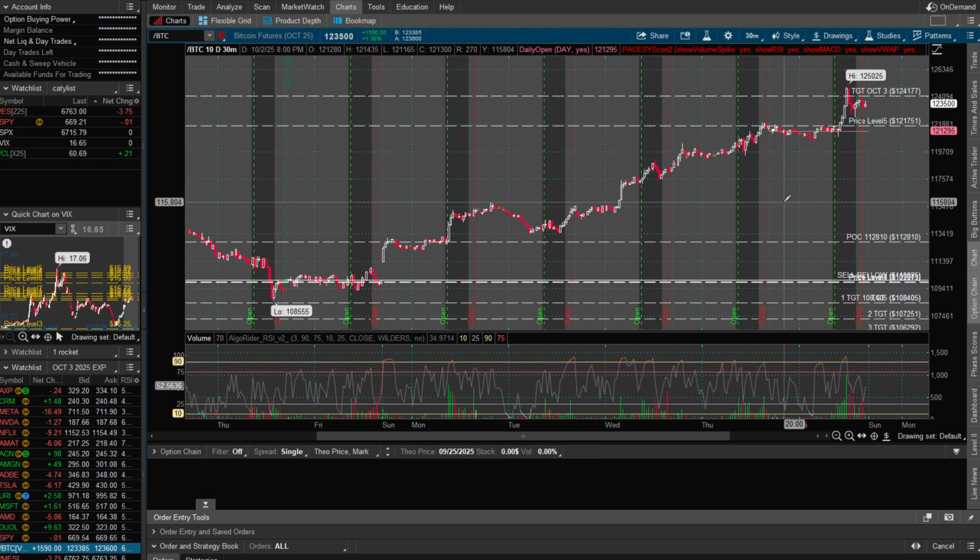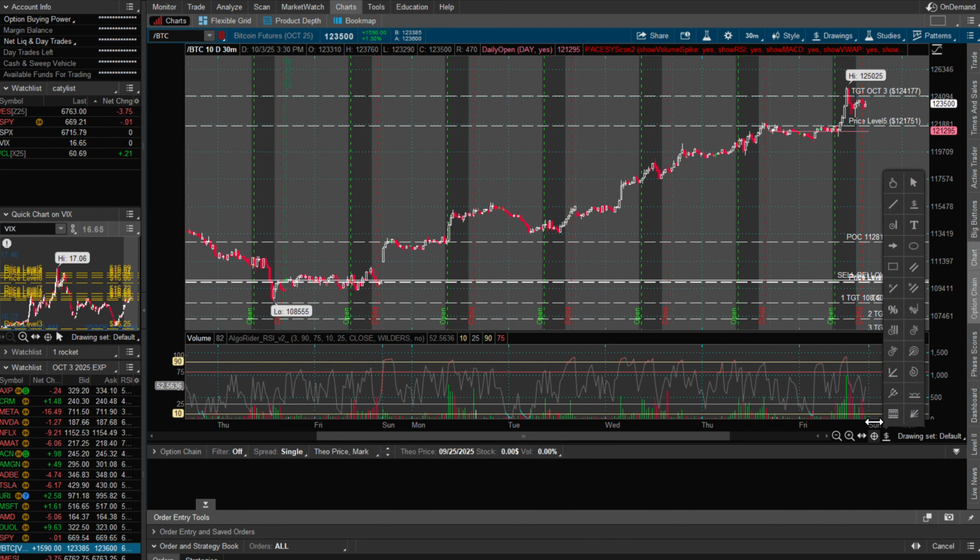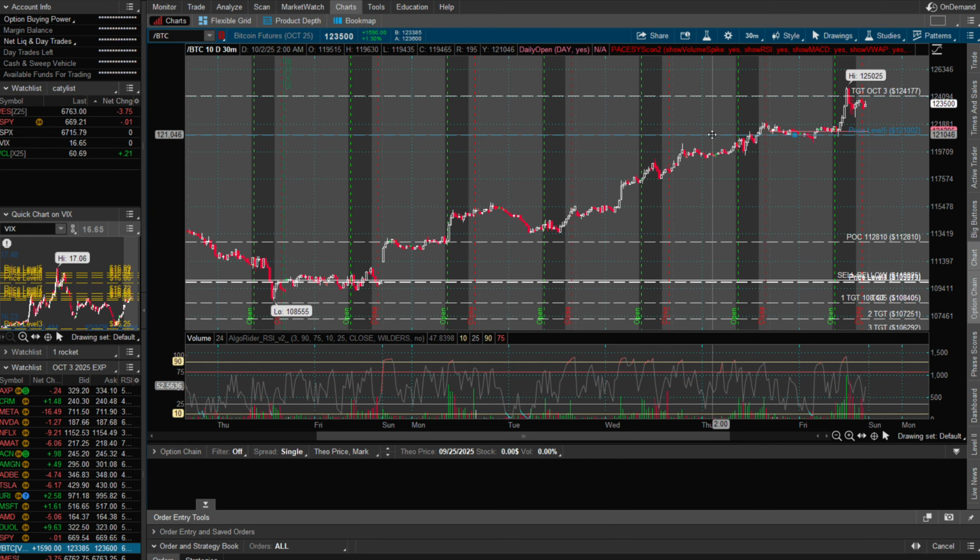How do I figure that out? The next support and resistance is when I see this right here. So I go in and I move this guideline to the next support and resistance.